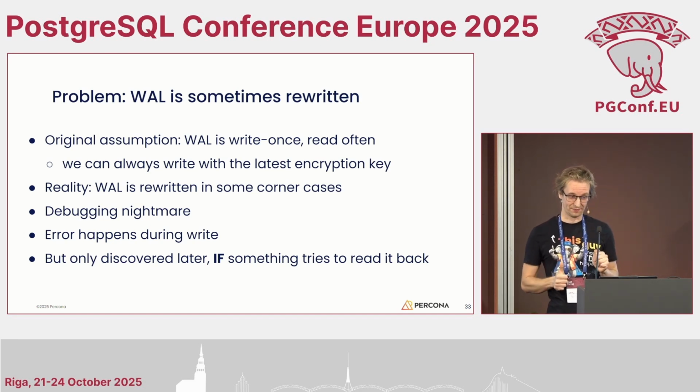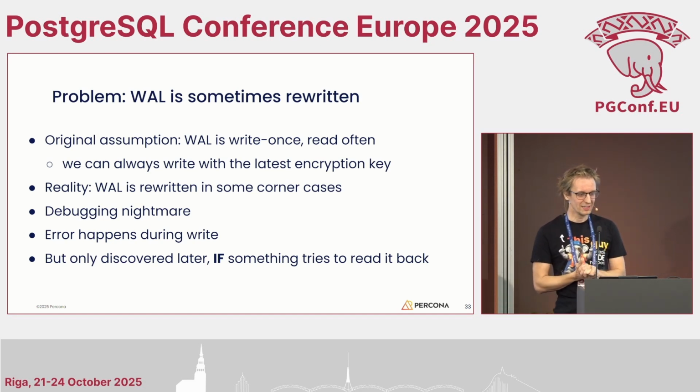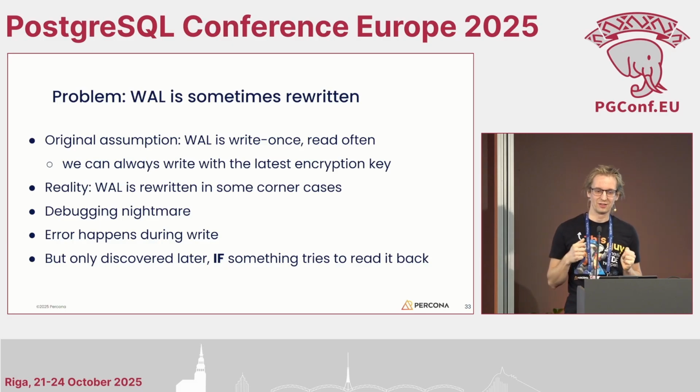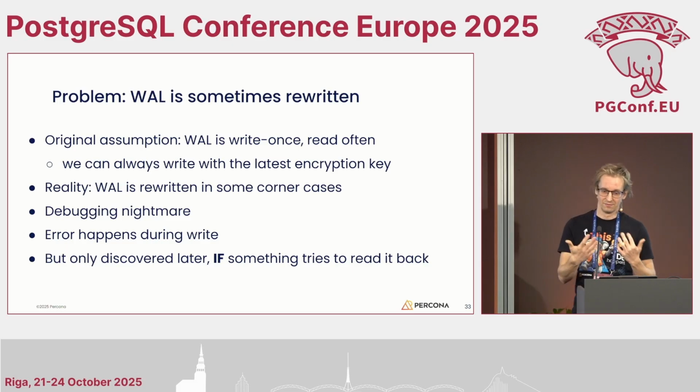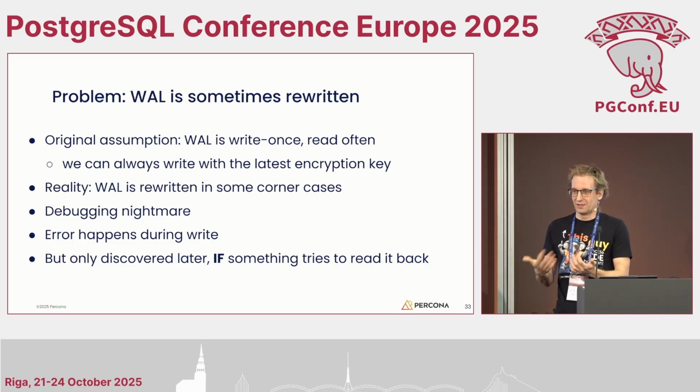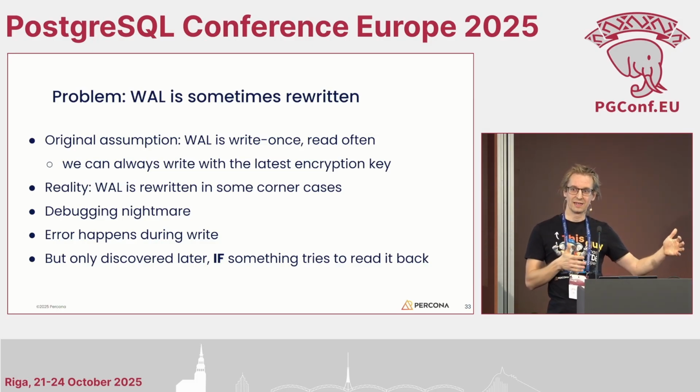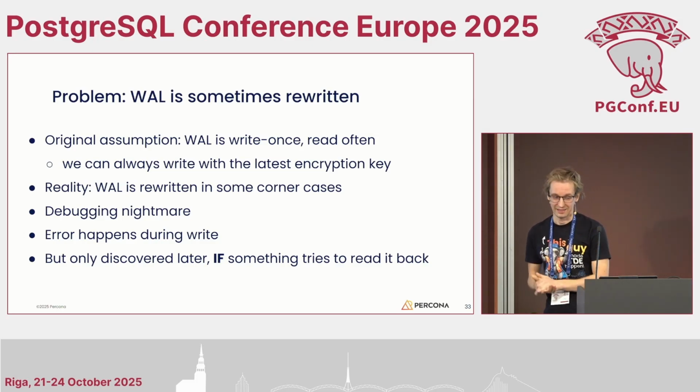It never changes. And because of that, we made this simplification that we always try with the latest encryption key. Because, of course, users can change their encryption key so that they write with a different key. And we just assume that even if we change the encryption key of WAL, and we had multiple keys in the past, we can always use the latest key for writing.